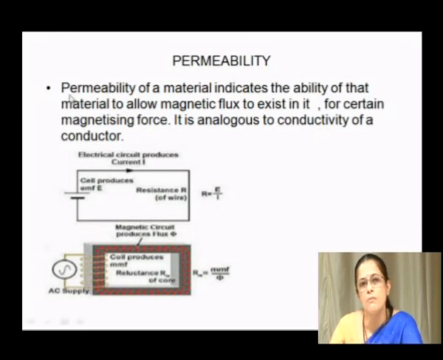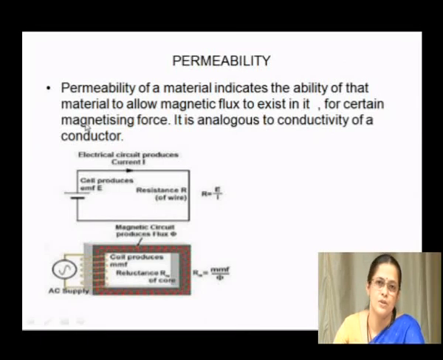So, here permeability of a material indicates the ability of that material to allow magnetic flux to exist in it for a certain magnetizing force. So, it is the ability of the material to allow magnetic flux to be set up in it or to exist in it. That is known as permeability of a material.